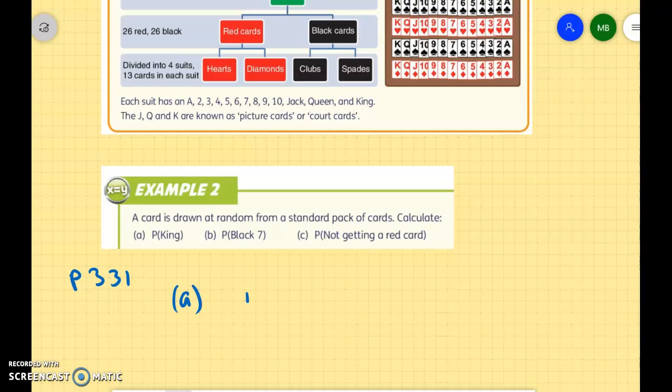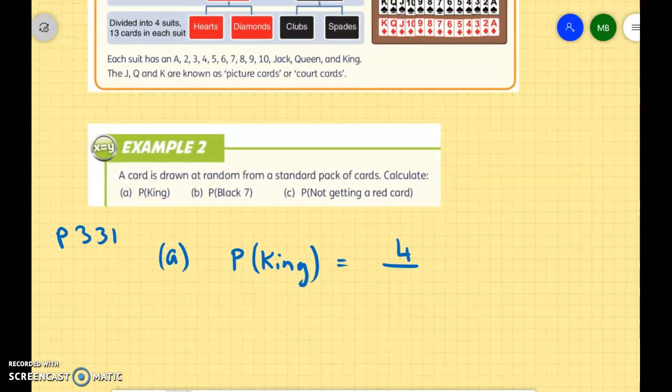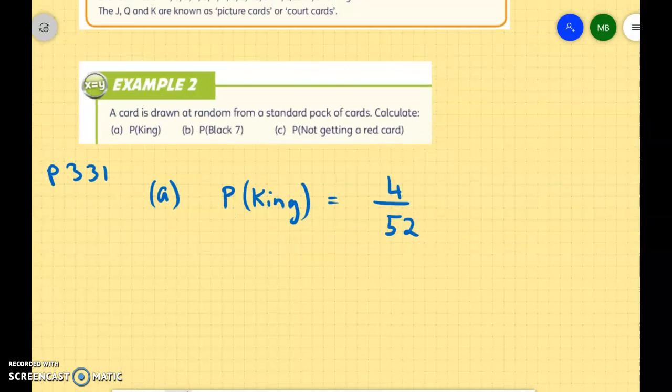So first of all, we need to know how many kings there are in a deck of cards. And there are 4 kings in total. So you have the king of hearts, the king of diamonds, king of clubs, and king of spades. And you put that over the total amount of cards, which is 52, because there's 52 in the deck.